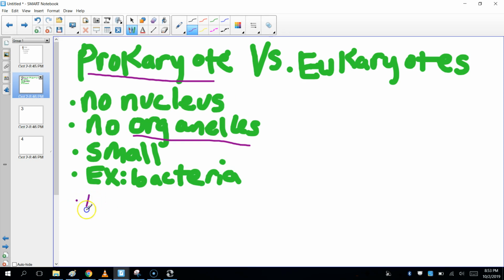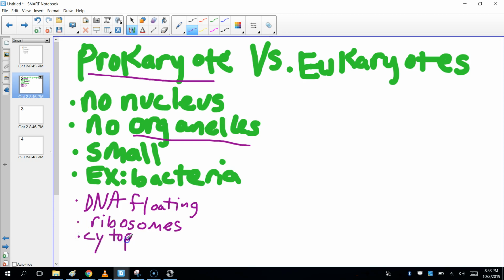Okay? The DNA inside of a prokaryote is not in the nucleus. It's just floating inside. They also have things called ribosomes inside of them. They also have cytoplasm, and they have a cell membrane.